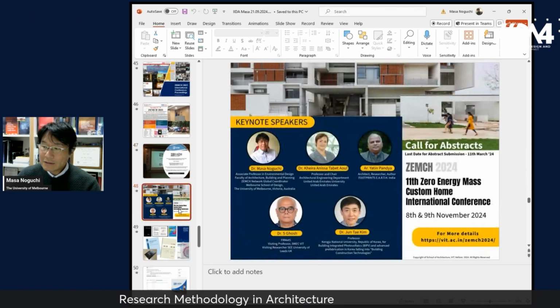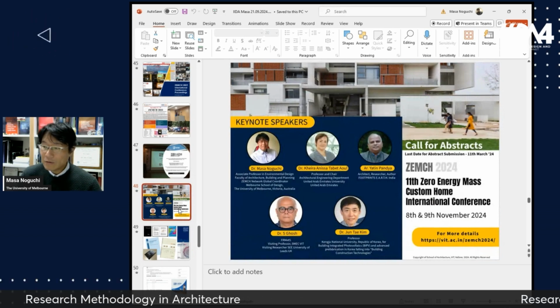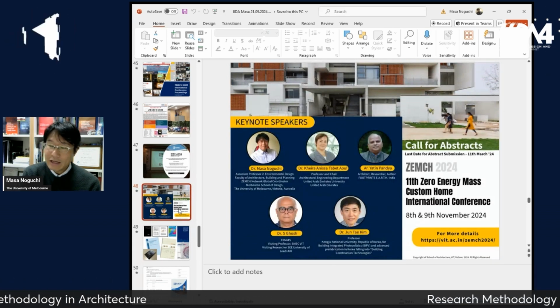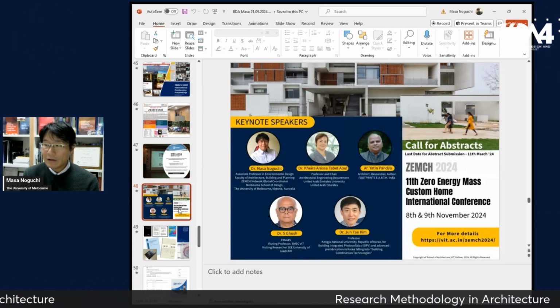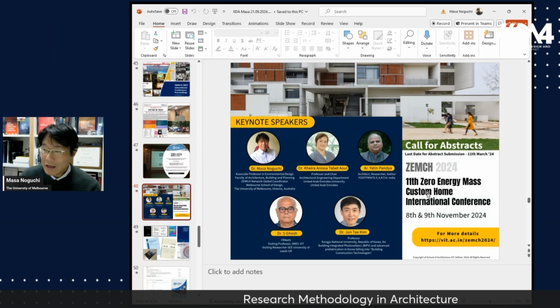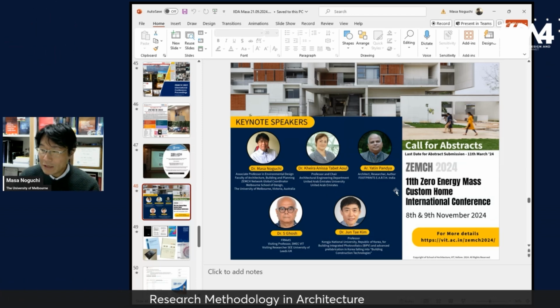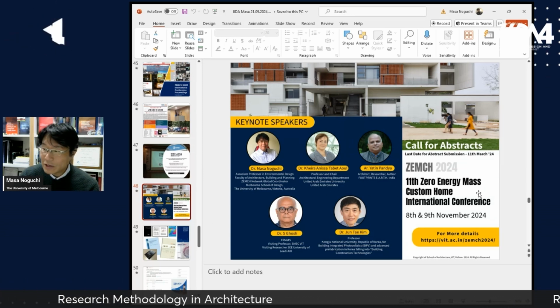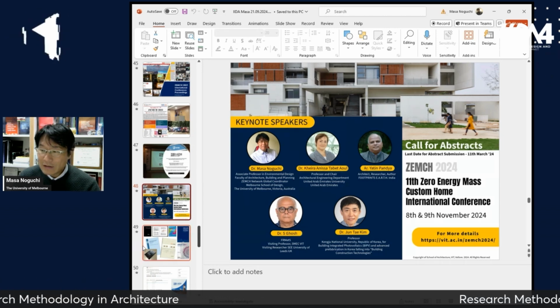And this year, in November, VIT, Vellore Institute of Technology, will host the 2024 11th International Zero Energy Mass Custom Home International Conference.